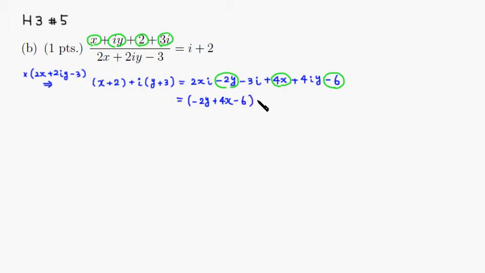Then the imaginary terms are the rest: 2x, negative 3, and plus 4y. So that's everyone. Now you have a complex expression on the left and on the right.